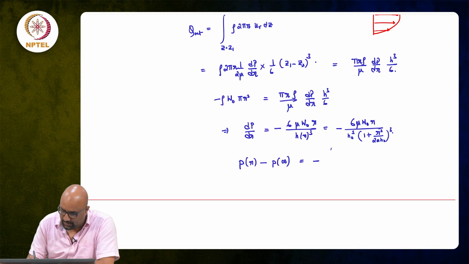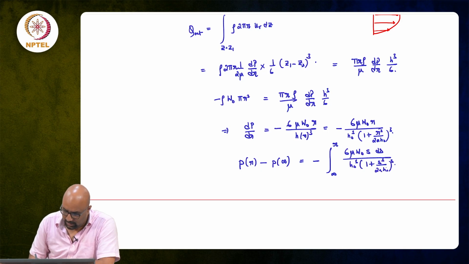So, this becomes r to infinity. Instead of r, the dummy variable, I will write as an h here, and this is the pressure which is sufficiently far away.